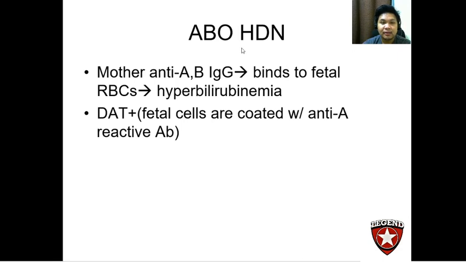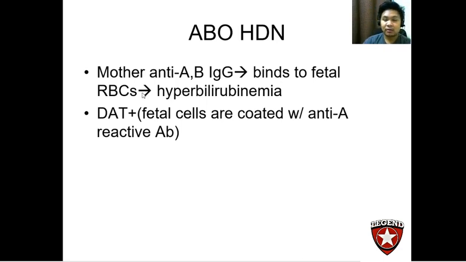So ABO HDN happens if the mother produces anti-AB, which is usually IgG. And recall that anti-AB is only produced by those of type O. So ABO HDN happens among type O mothers. This anti-AB IgG crosses the placenta, then it binds to fetal RBCs, causing hyperbilirubinemia.